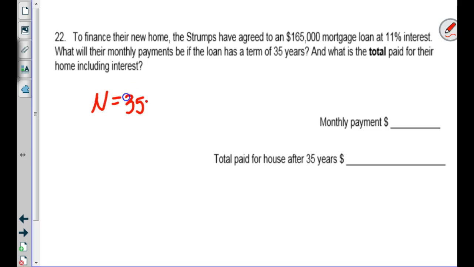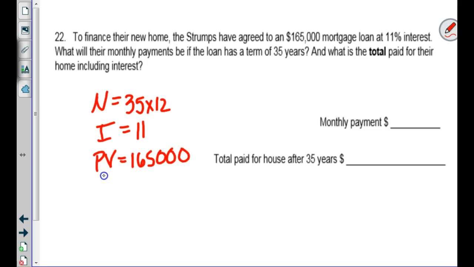So 35 times 12. I is 11%. Present value is 165,000. Payment is what we're trying to figure out. Future value at the end of 35 years is 0. And these are both 12.